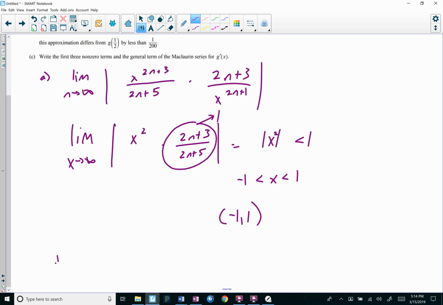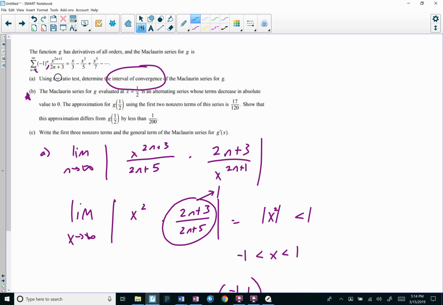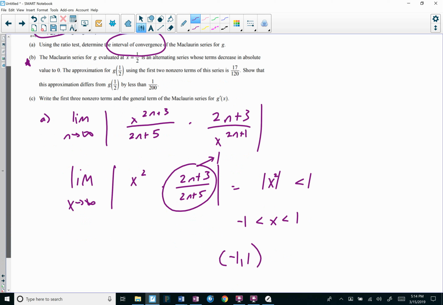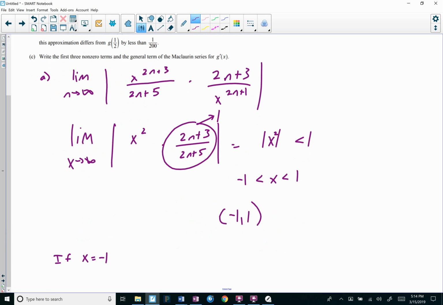So if x equals negative 1, I'm going to go back up here to the original. Let me erase some of that. So I'm going to plug in negative 1 for x. I'll end up getting the sum, negative 1 to the 3n plus 1 over 2n plus 3.